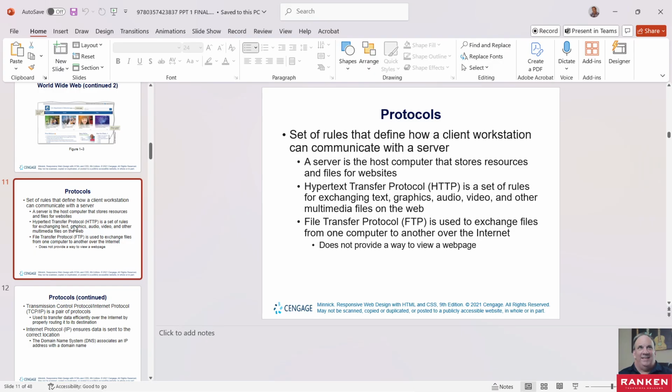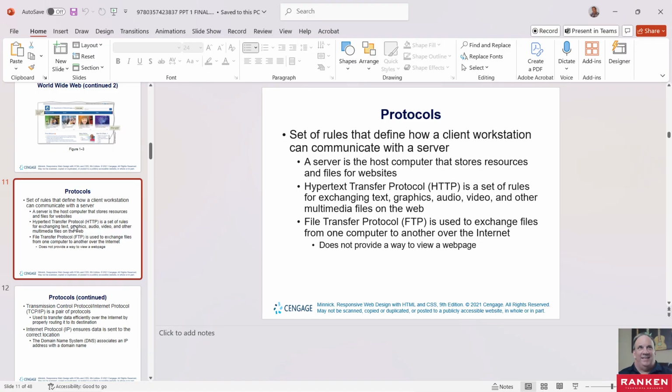Protocols. So protocol is not necessarily always used for computers or the internet. It is a term that's used outside of that as well, right? So protocol is basically just a set of rules that define something, okay?